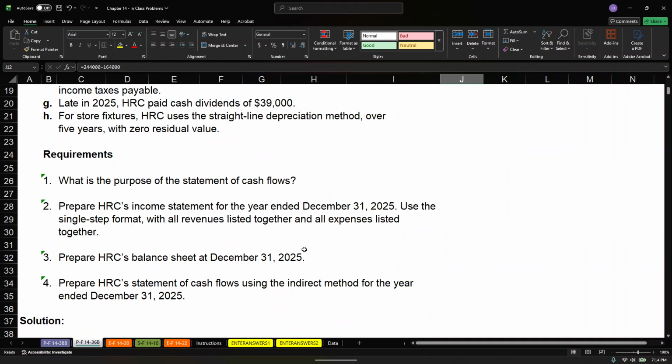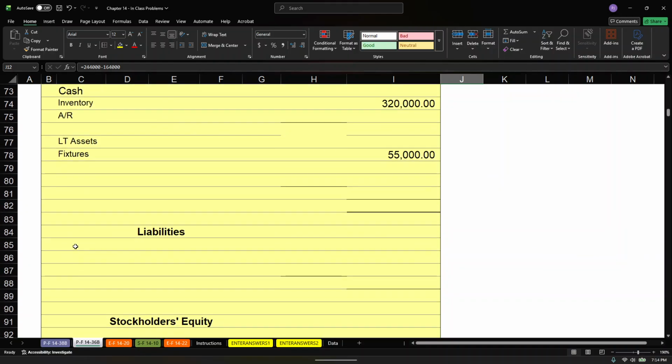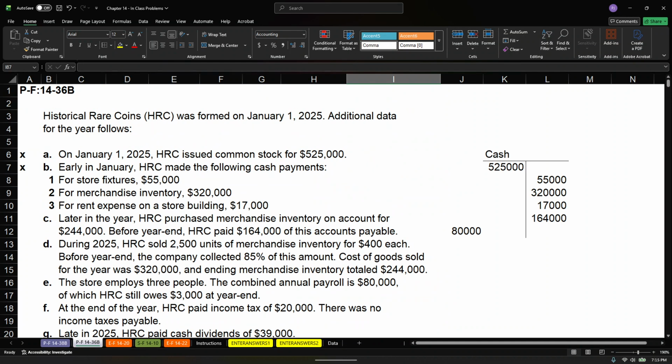Okay, so I'm going to go to my balance sheet. I'm going to go current liabilities, accounts payable, 80,000. Okay, so this one is done. We have both the cash and we have the accounts payable all squared away.